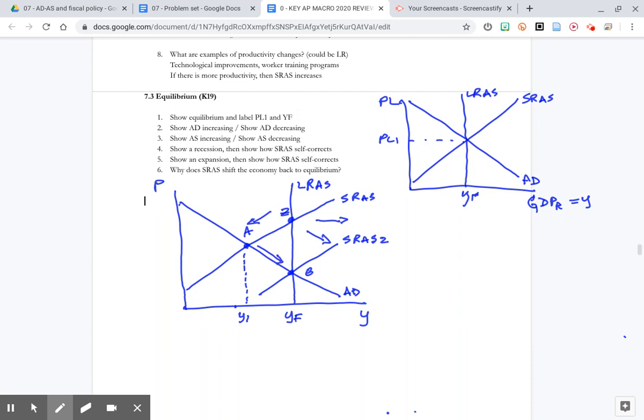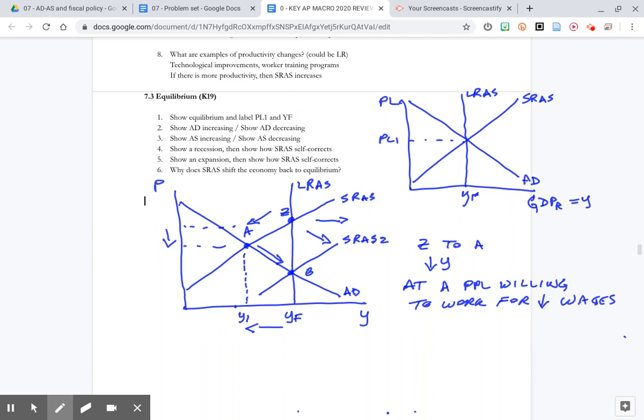When we went from point Z to point A, we've got lower levels of output and lower prices. So Z to A, decreased output. And when that happens, at A, people, workers, are willing to work for decreased wages.